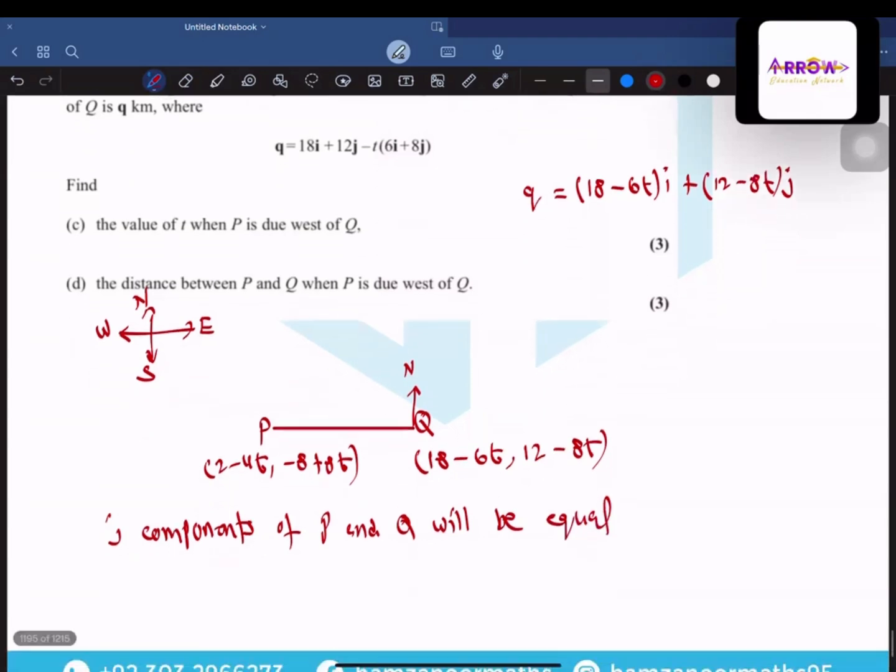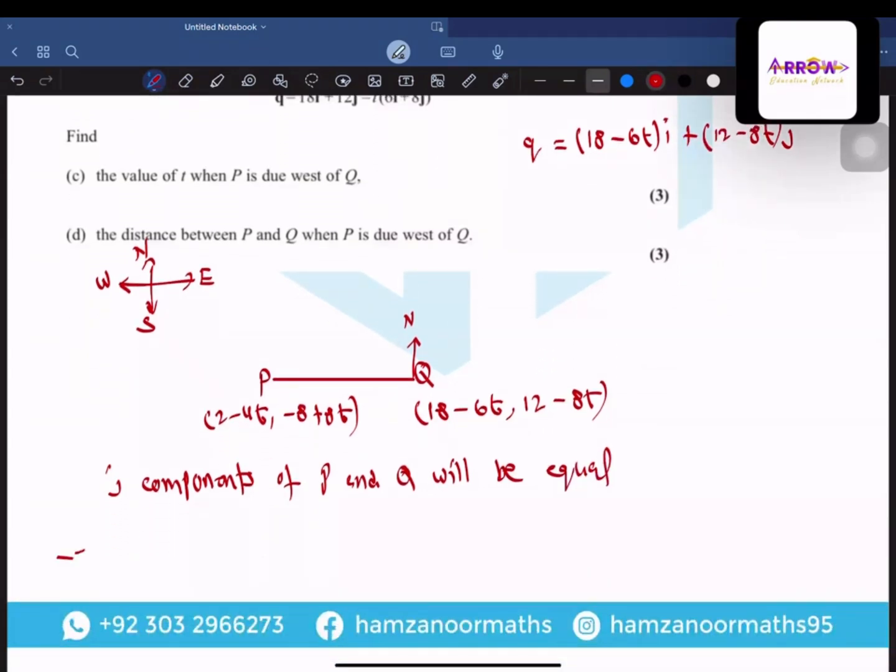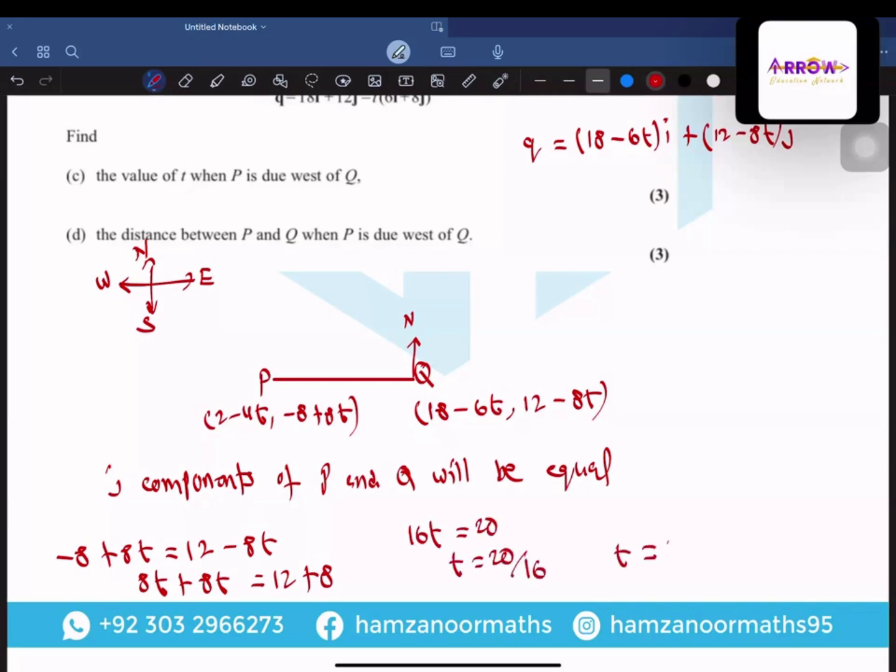So I'm just going to equate minus 8 plus 8t with 12 minus 8t. So 8t plus 8t is equal to 12 plus 8, meaning 16t is equal to 20, and therefore t is equal to 20 divided by 16. So the value of t is 5 over 4.